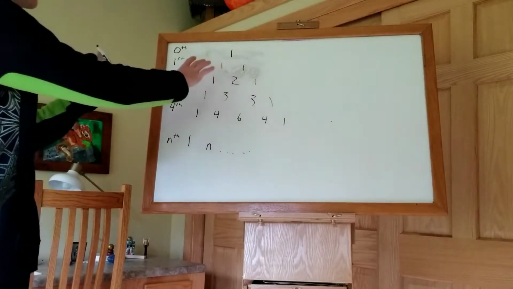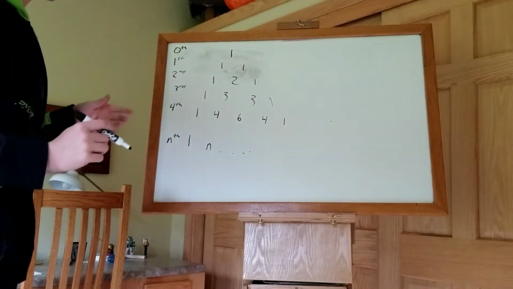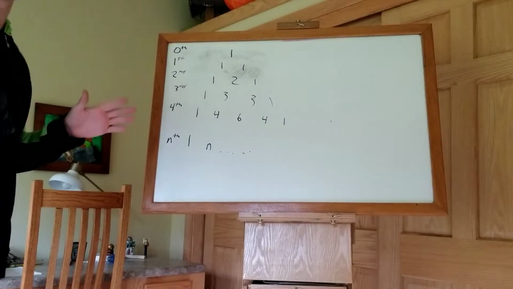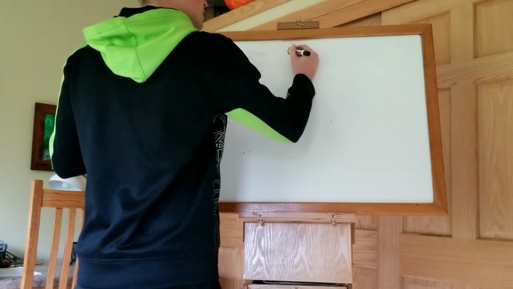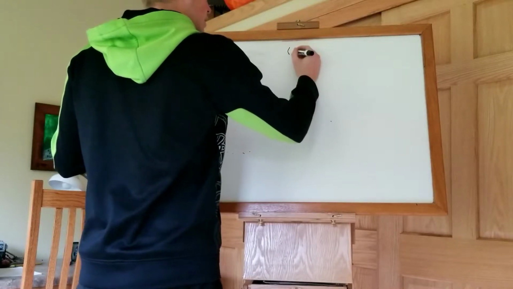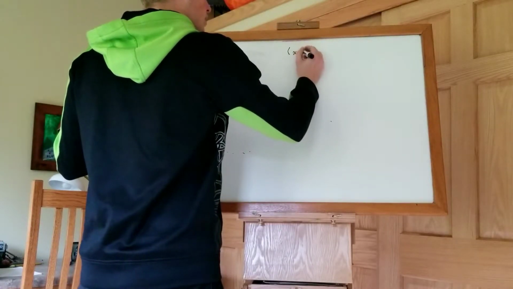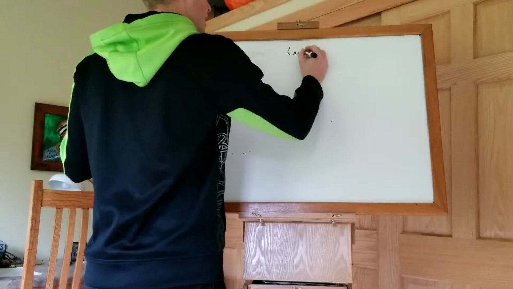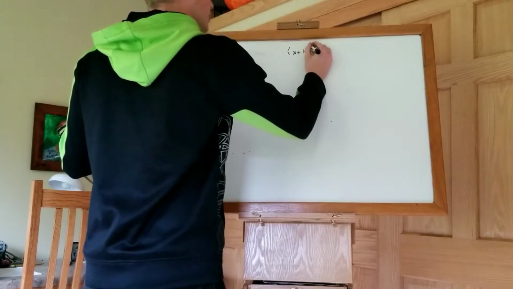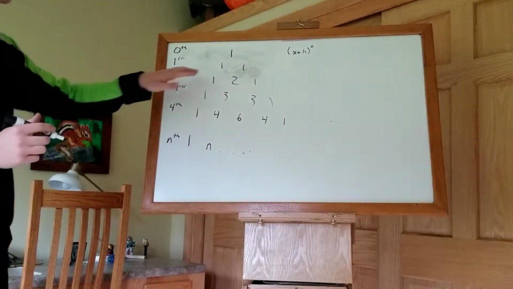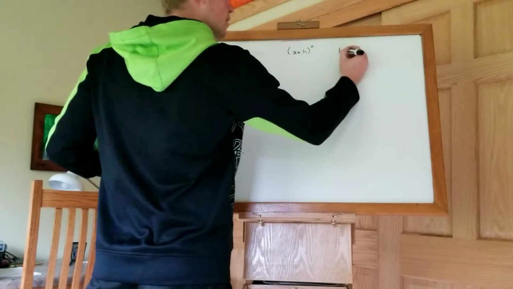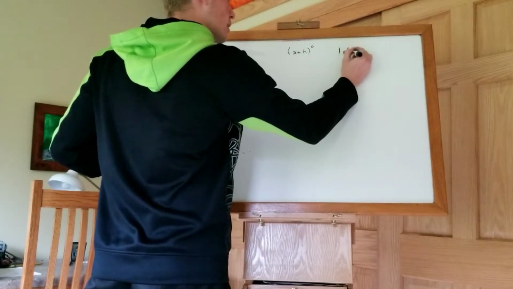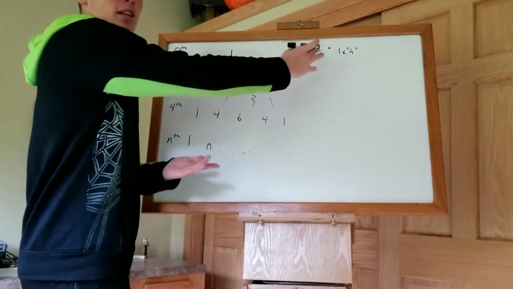But what this essentially means is that it's kind of complicated, but it means that if I took, say, two variables, let's say x plus h, and raised it to the 0 power, the coefficient is going to be 1, and it's going to be x to the 0, h to the 0. So that's just going to be 1.